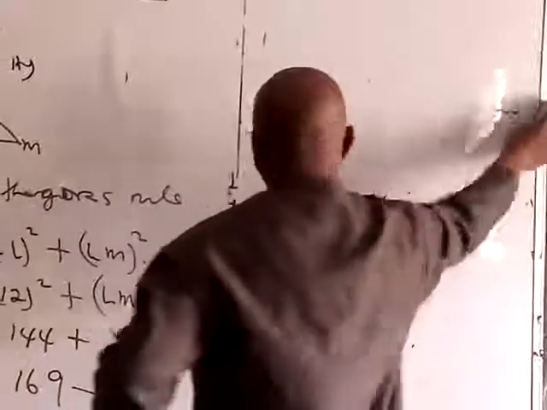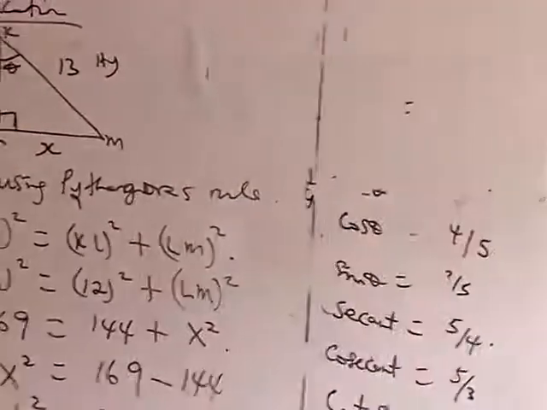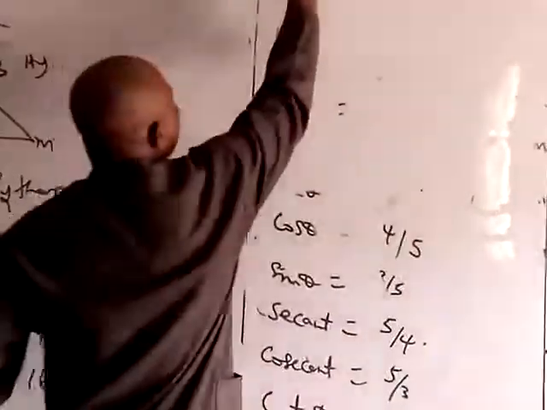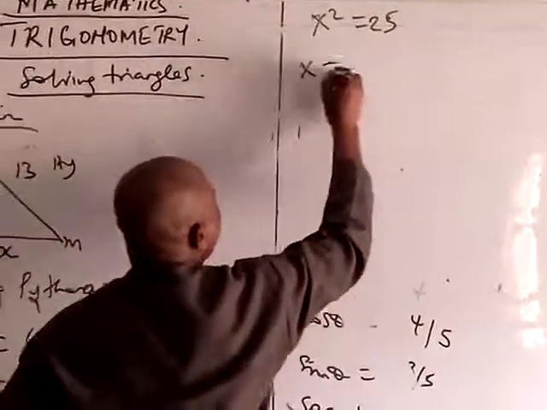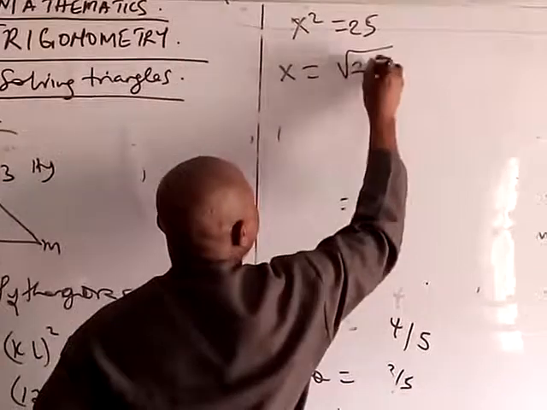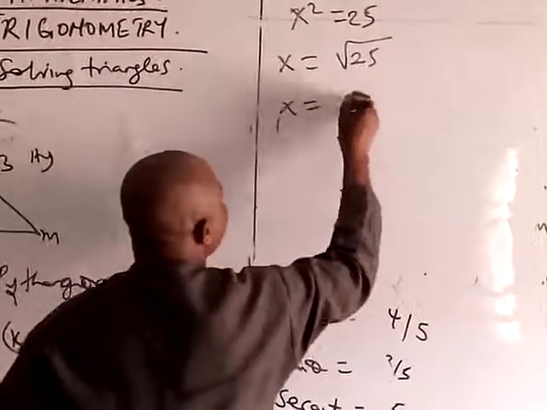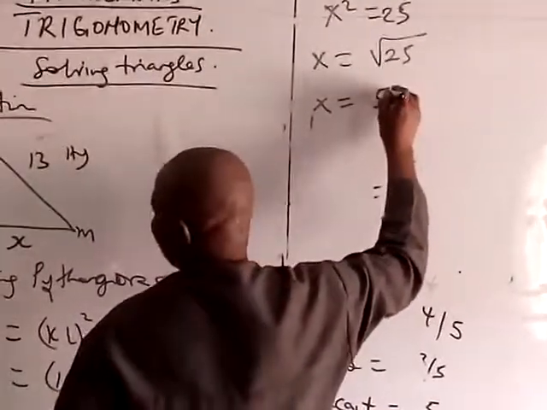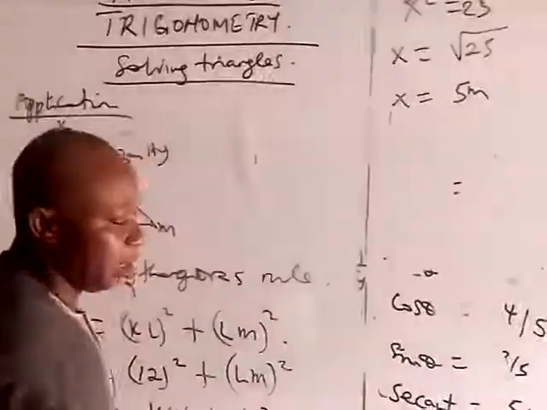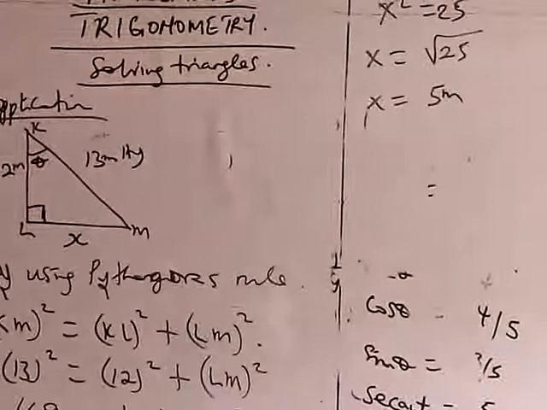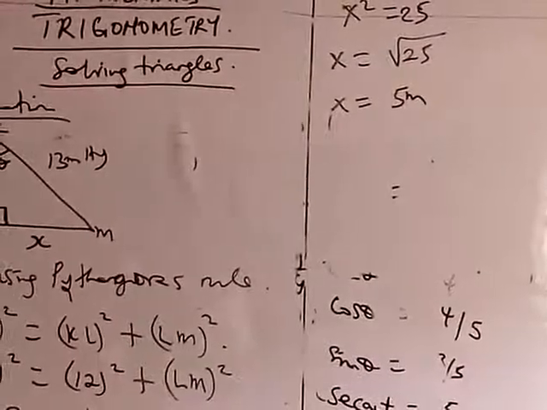Then x raised to power 2, as you know, is 25. Then x is equal to root of 25. x is equal to 5 meters. Don't forget, unit is very, very important when we are dealing with this.